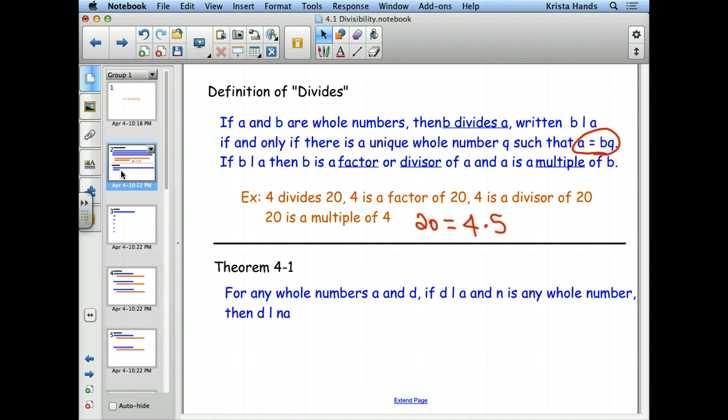That's why we would say that 4 divides 20, because it goes in evenly. We talk about it not having a remainder sometimes, but it's all about being able to be multiplied by another quantity and get you back to the original number.